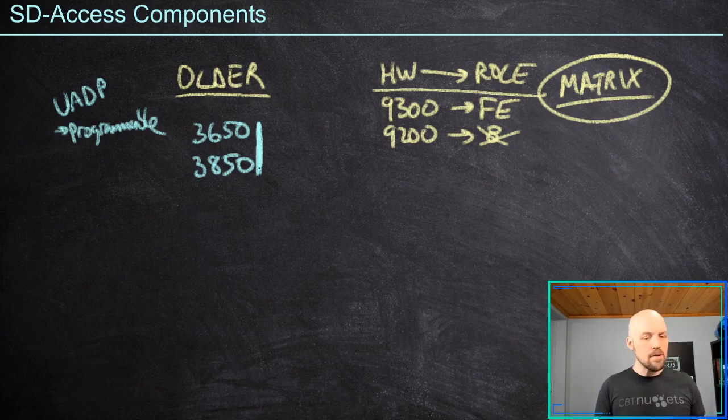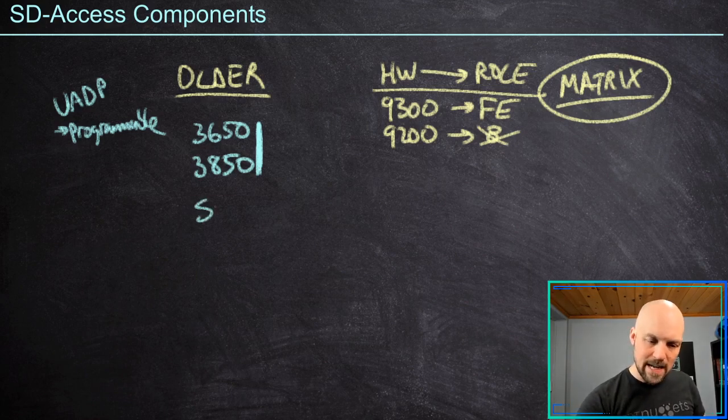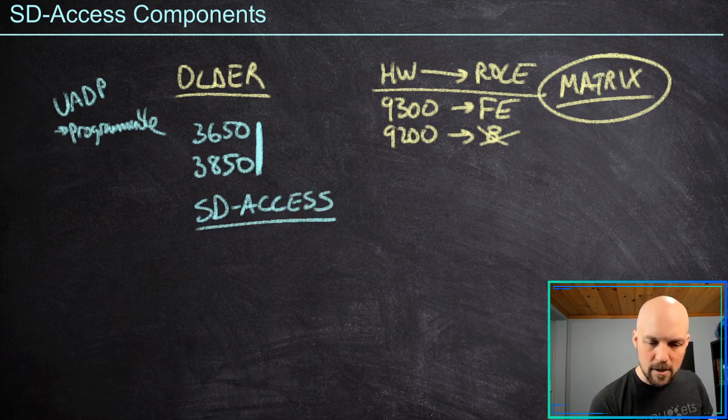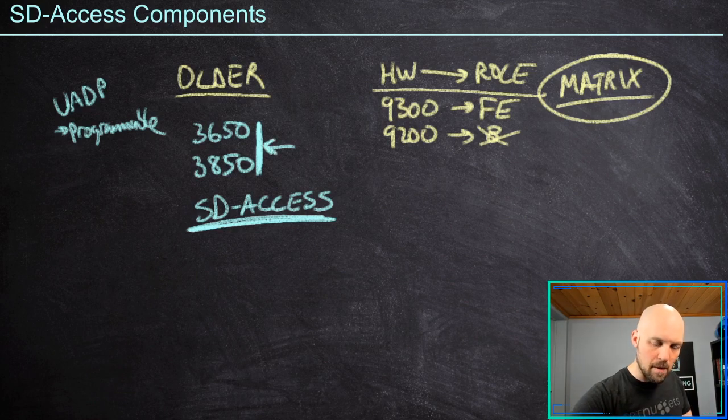Cisco sold a bunch of 3650s and a ton of 3850s, which sounds like a good thing. Other than that, this SDN thing really caught on, and Cisco was like, we need to develop this concept of software-defined access. We need to be leaders in this space. This is where this becomes a problem.